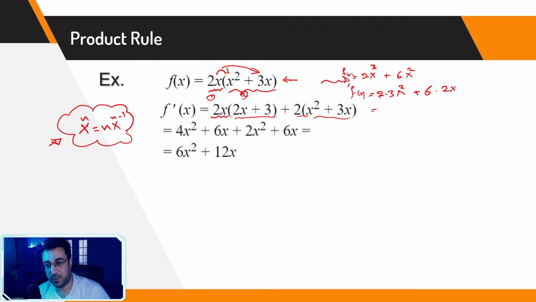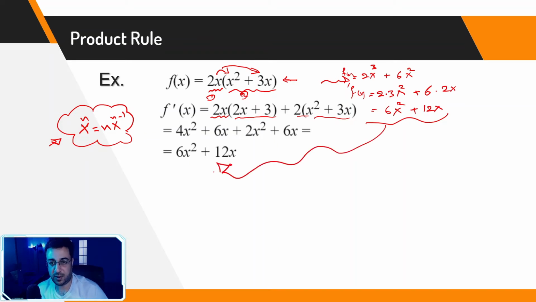And your final solution will be 2 times 3, 6x squared, plus 6 times 2 is 12 multiplied by x. And that's exactly the same as this solution. So I see this route as easier. You don't need to go with these functions, complications, and whatsoever.